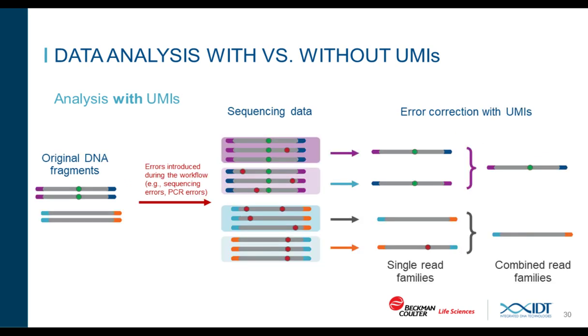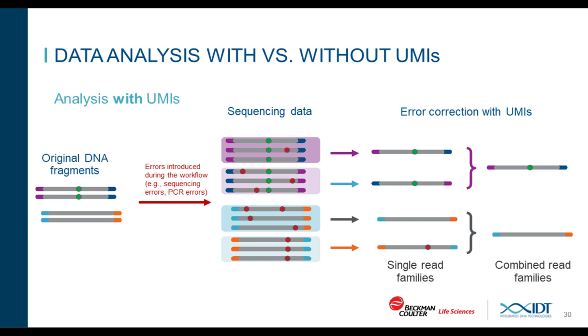So when you do analysis with UMIs, again, on the farthest left, looking at your original DNA fragments, the little green circles are your true positive mutation, but the colored ends are your UMIs, and they're added during xGen Prism DNA library preparation. Going through the workflow again, just like we did before, and the little red circles are your PCR or sequencing errors.